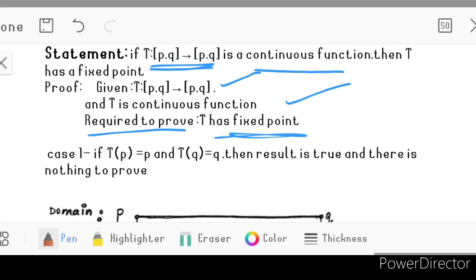We will discuss this theorem in two cases. The first case will be very simple.